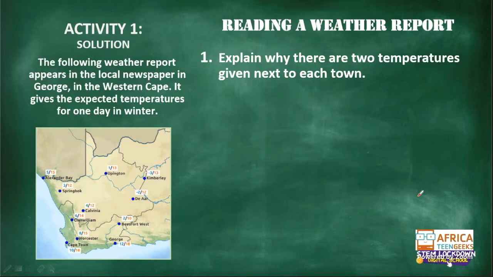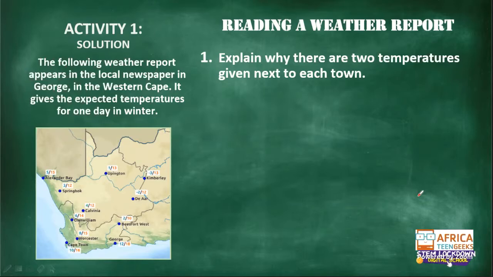Who can quickly explain to me why they give two? I think we all know this, but I like giving you guys a turn to answer the questions for us. So why are there two temperatures given next to each town, one in blue and one in orange?